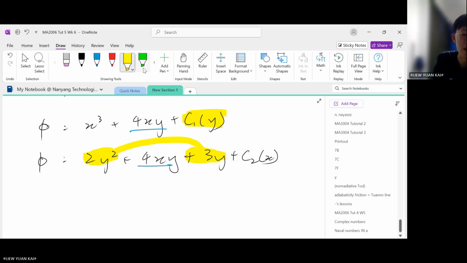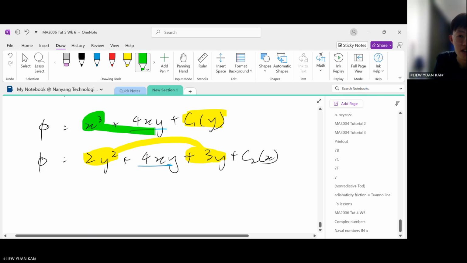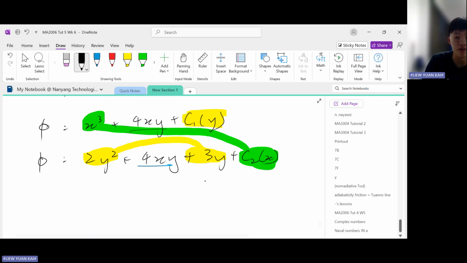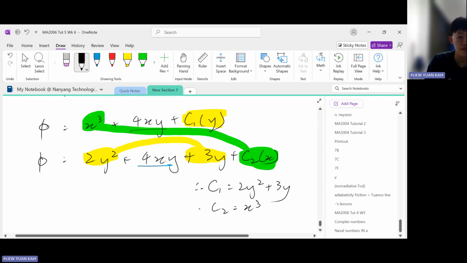In contrast, x cubed will be this. See, x cubed is a function of x. Therefore, c2 will become x cubed because c2 is a function of x. So from this comparison, you can say c1 is equal to 2y squared plus 3y, and c2 is x cubed.